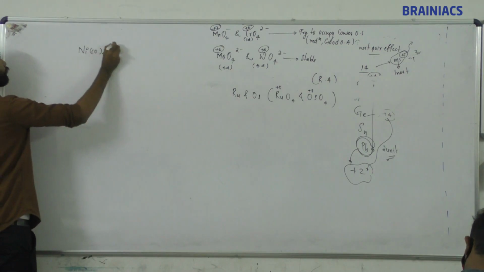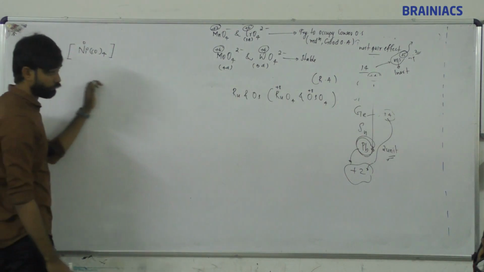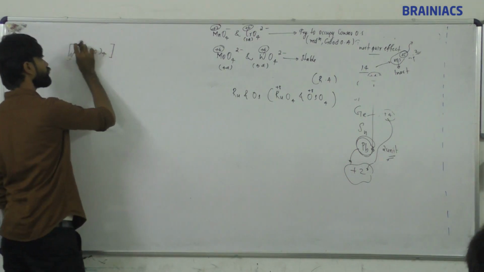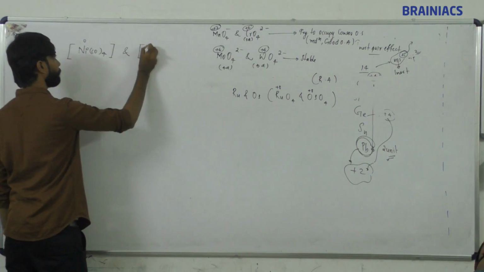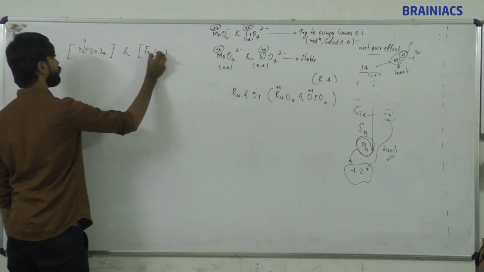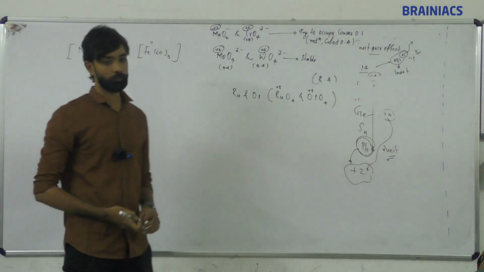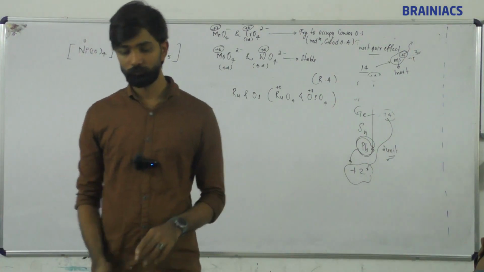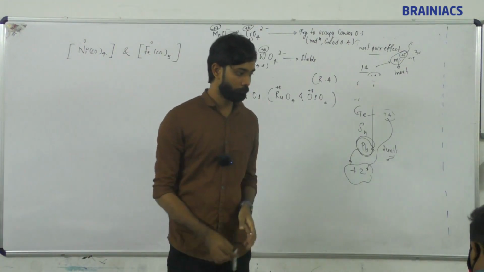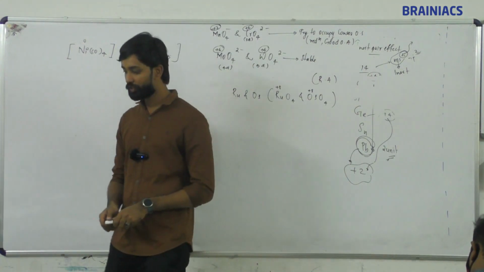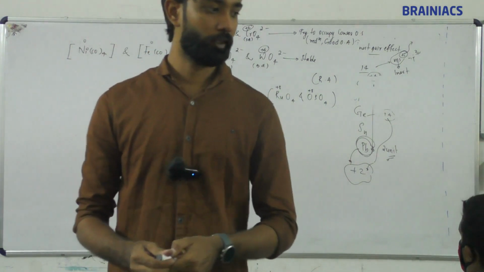This is discussed in your redox reactions. Example: Ni(CO)4, where the oxidation state of nickel is 0, and Fe(CO)5, where the oxidation state is 0.